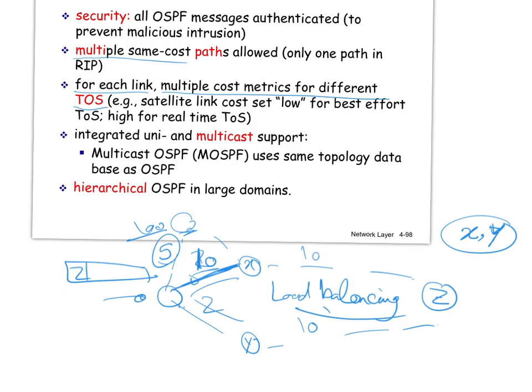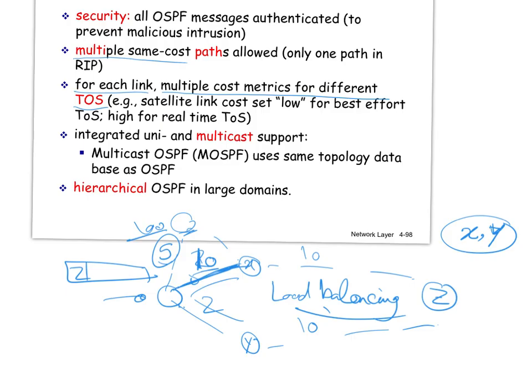But if that person wants to have a remote surgical operation, then the cost for the satellite link will become 200, so that I can force these types of applications to go through the direct link to have faster traffic.